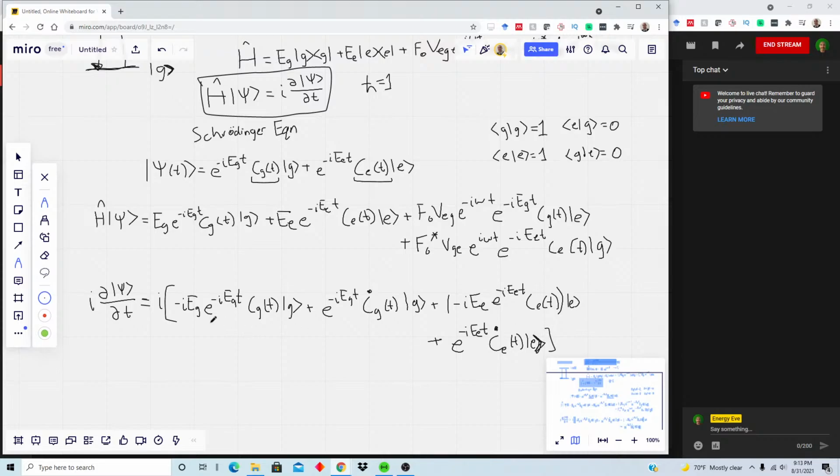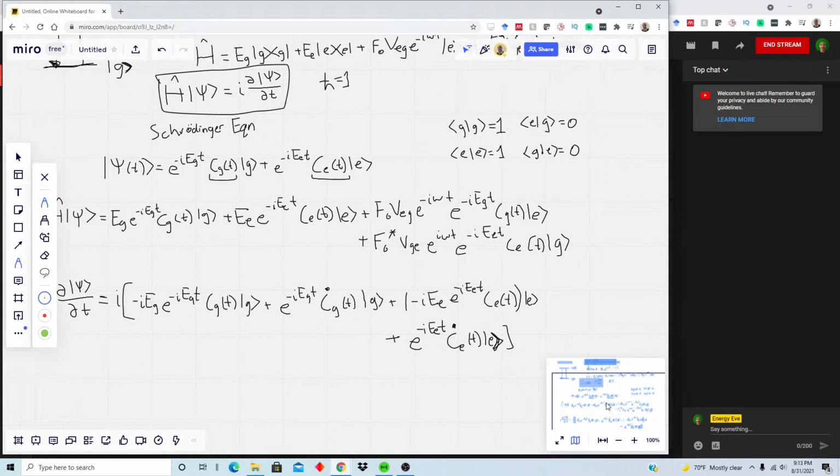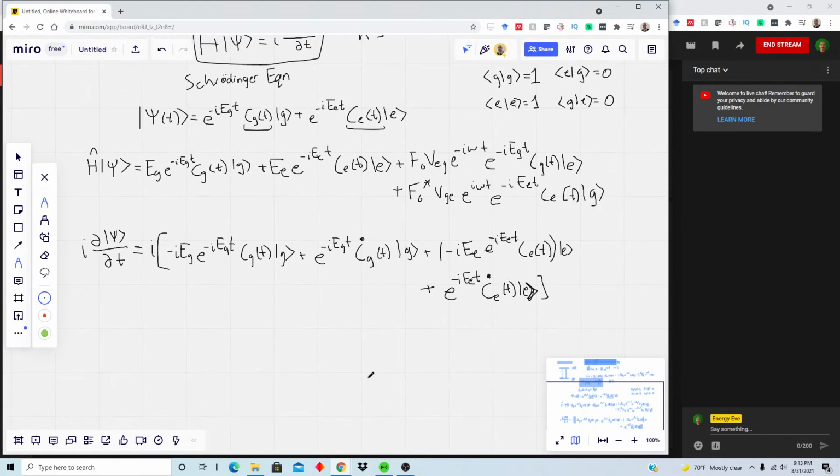Okay, and so that's this term here. And so maybe what we should have done on this side, and we still could, but we should maybe group up the terms just to make it look a little nicer.